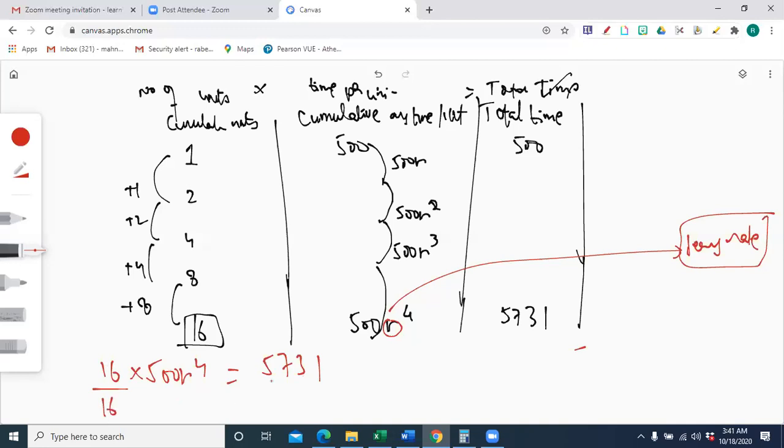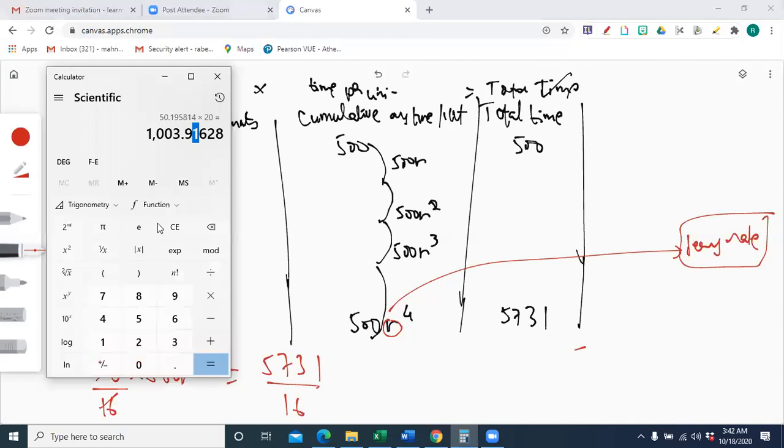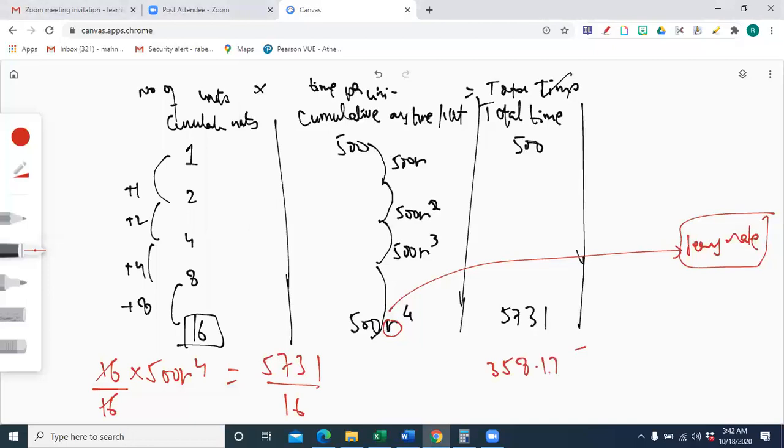So how am I going to solve this? You get rid of the 16 here: divide both sides by 16 first. The 16s cancel, and this would be 5731 divided by 16, which is 358.1875, and this equals 500R^4. Now you need to get rid of the 500, so divide both sides by 500 this time.